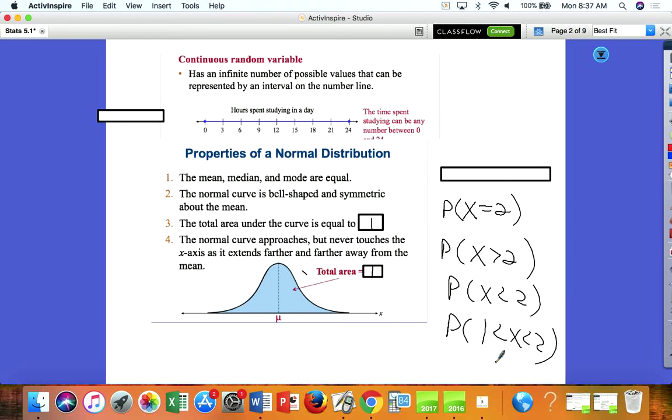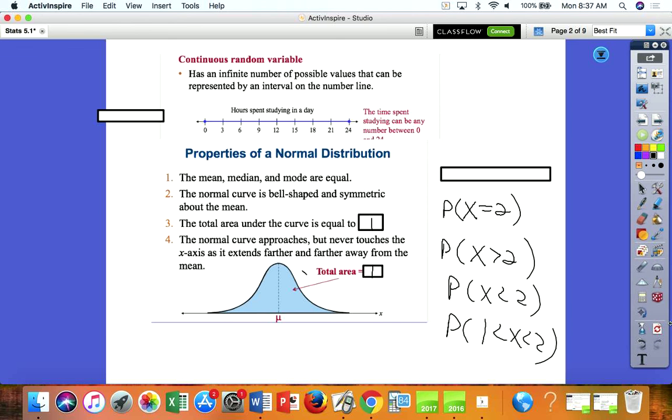So we're going to be looking at intervals of x. Last chapter they could only be whole numbers. Now they can be 2.1, 2.2, 2.3, 1.9, 1.6, 1.97. We are going to have a lot of decimals that these can be equal to, so you can't find the probability of a particular value anymore. You have to find the probability of a range of values. So get in the habit of writing this, and I'll help you with that.